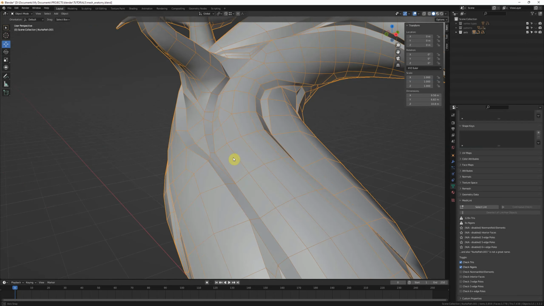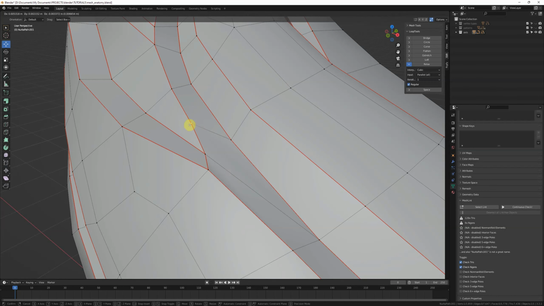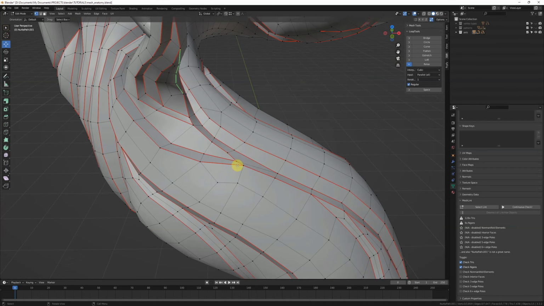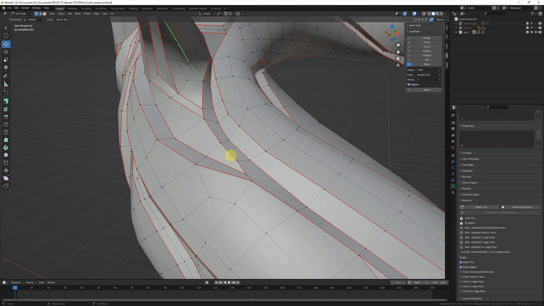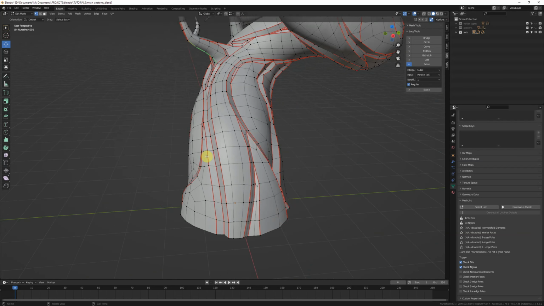I'm just modifying the shape slightly so that it's a little better. Now there is a bit of a shape happening on this anchor edge, but again, if this was going to be for animation, you would reinforce on either side of all of these anchor edges, so it wouldn't be a problem. It would be okay.